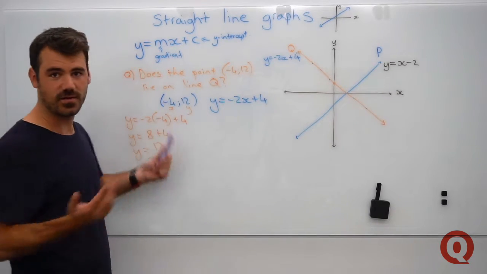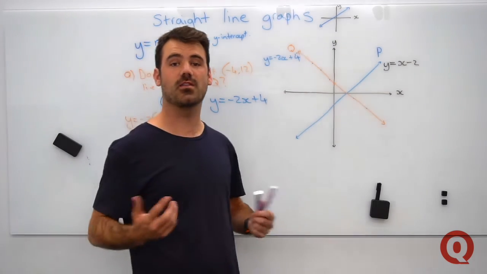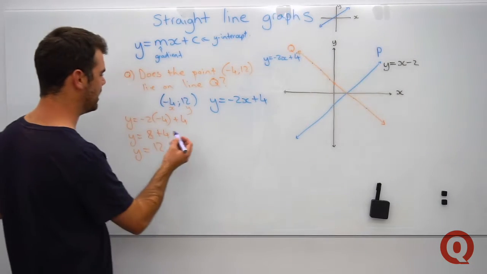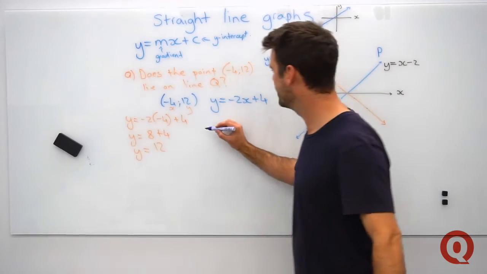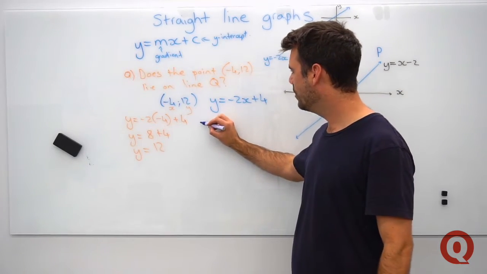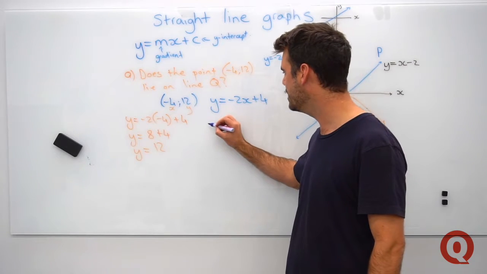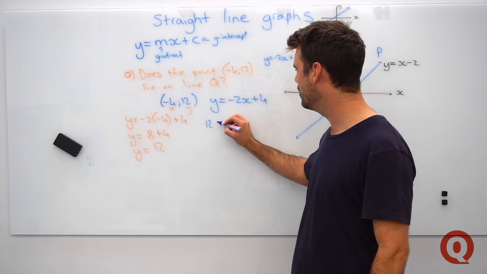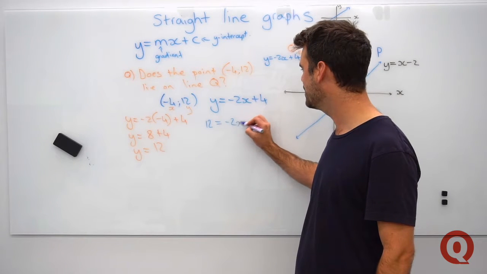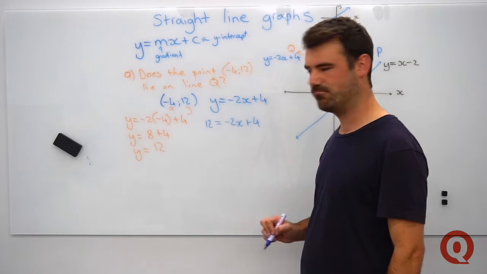Now let's just do the other one, just to make sure that you understand that it can work either way. We're not going to use y as the unknown, we're solving for x. So we're going to say y is 12. So 12 is equal to -2x plus 4.